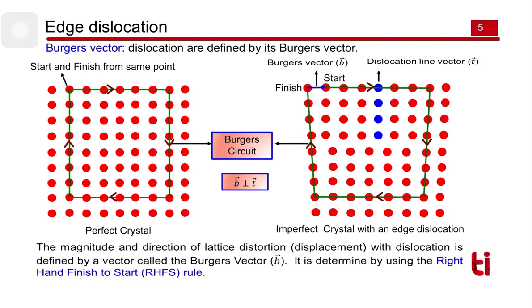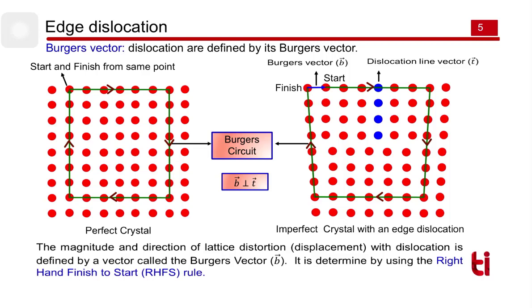And see, this is the clockwise circuit. If we make it anti-clockwise like this, then we will be one interatomic spacing backward and we will have to come like this. So once the Burgers vector direction is this for clockwise, if it is anti-clockwise, the Burgers vector direction is this. So the Burgers direction should be the same.